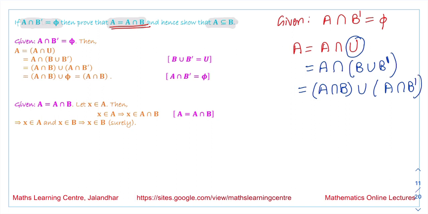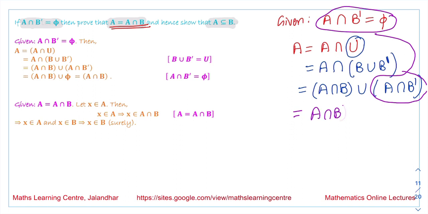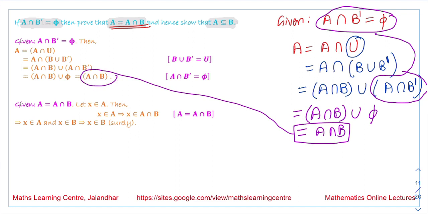It is given that A intersection B complement is equal to phi. So what we are left with is A intersection B union phi, and the answer we obtain is A intersection B. This is what we have to prove.